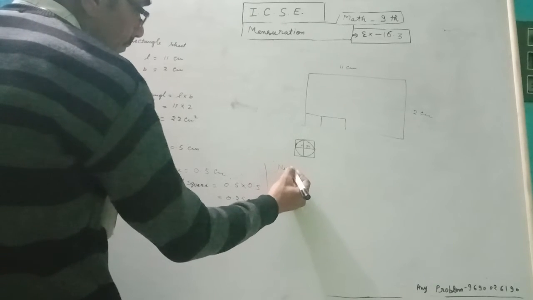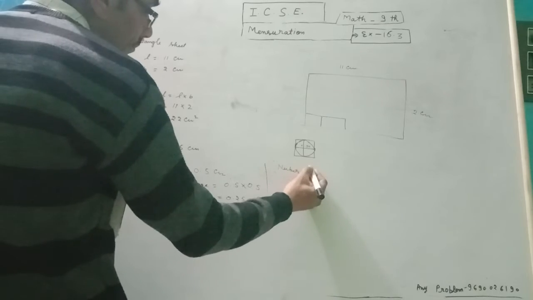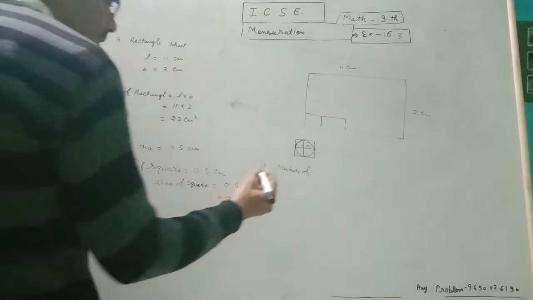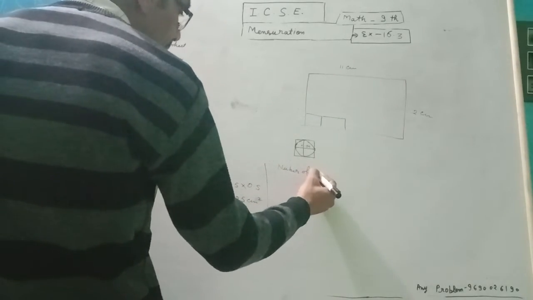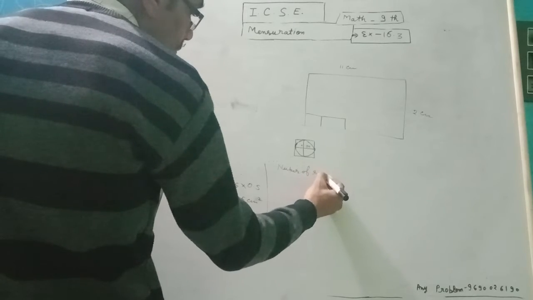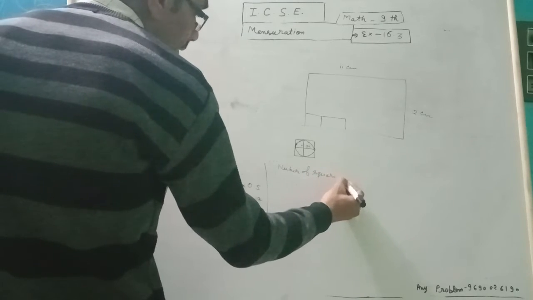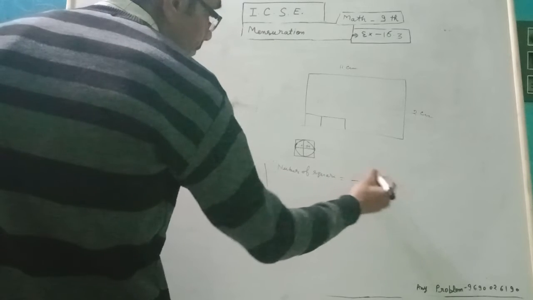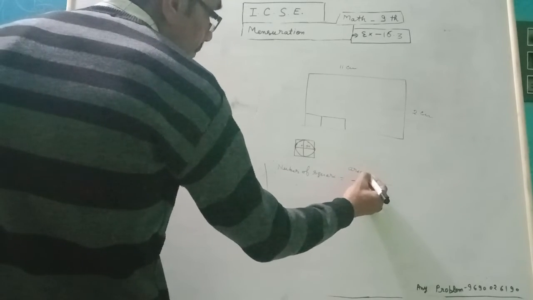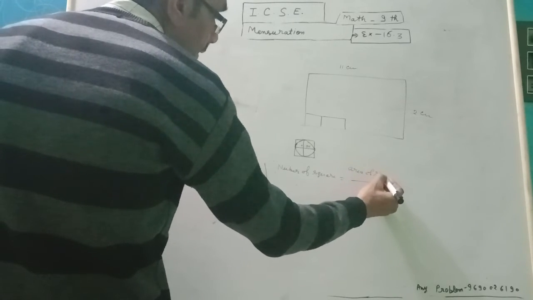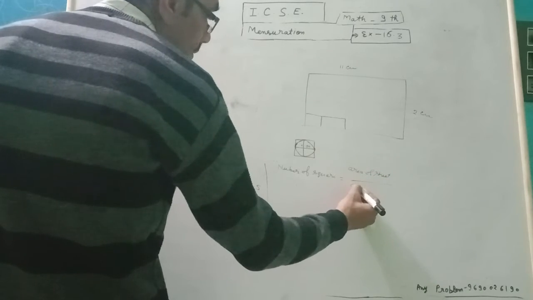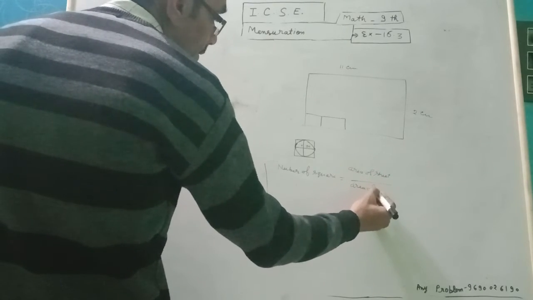Number of squares is equal to area of sheet upon area of square.